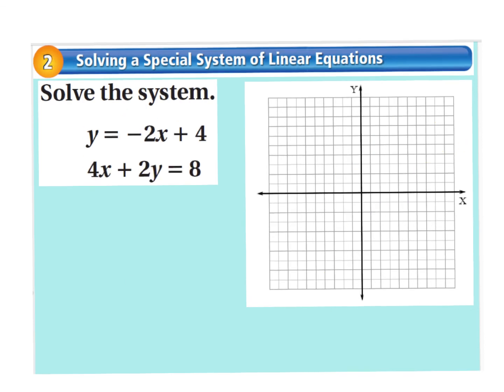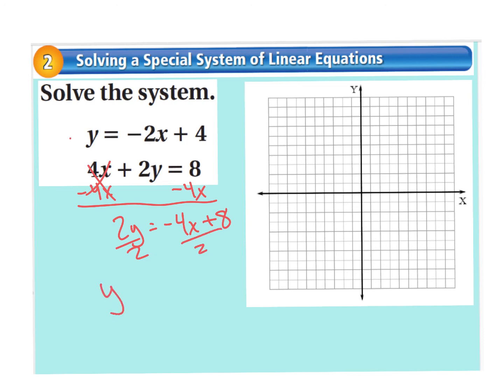Here's another example. I already have my first equation in slope-intercept form, so let's change the second equation into slope-intercept form. I'm going to subtract 4x from both sides, so I get 2y equals negative 4x plus 8. I'm going to divide by 2, so I get y equals negative 2x plus 4.